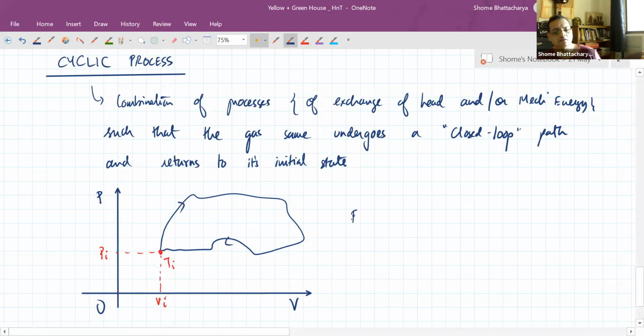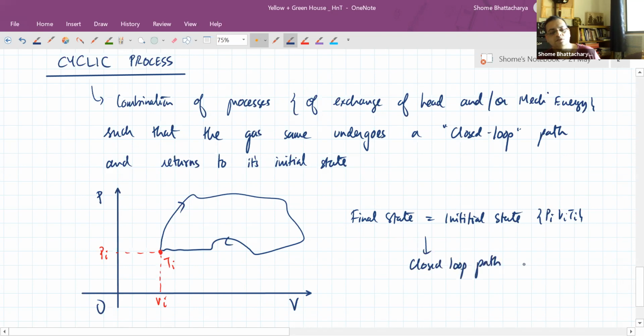So the final state should be identical to the initial state, which is whatever pressure, volume, and temperature. So such a closed loop path in thermodynamics, we call it a cyclic process.